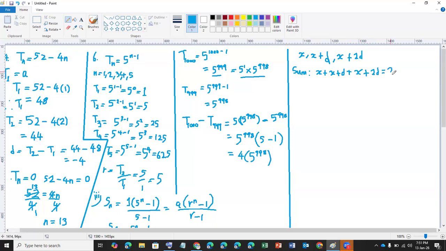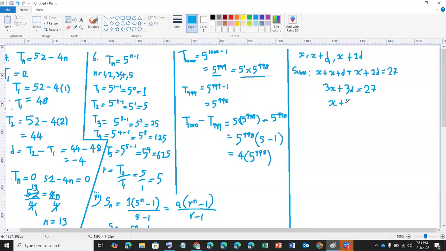Now we collect like terms: x plus x plus x is 3x, and b plus 2b is 3b. So 3x plus 3b equals 27. I'm sure you can see something coming out here, right? If you factorize the 3, or divide both sides by 3, you'll see that x plus b is equal to 9. You agree with that? Yes, sir.